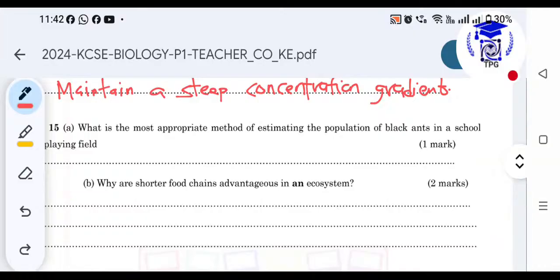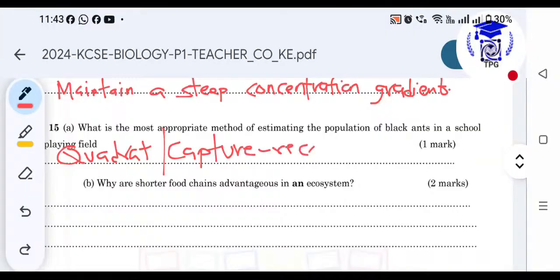The best method to use is the quadrat method. And we can also use capture. There is no harm. Those two methods are fine.